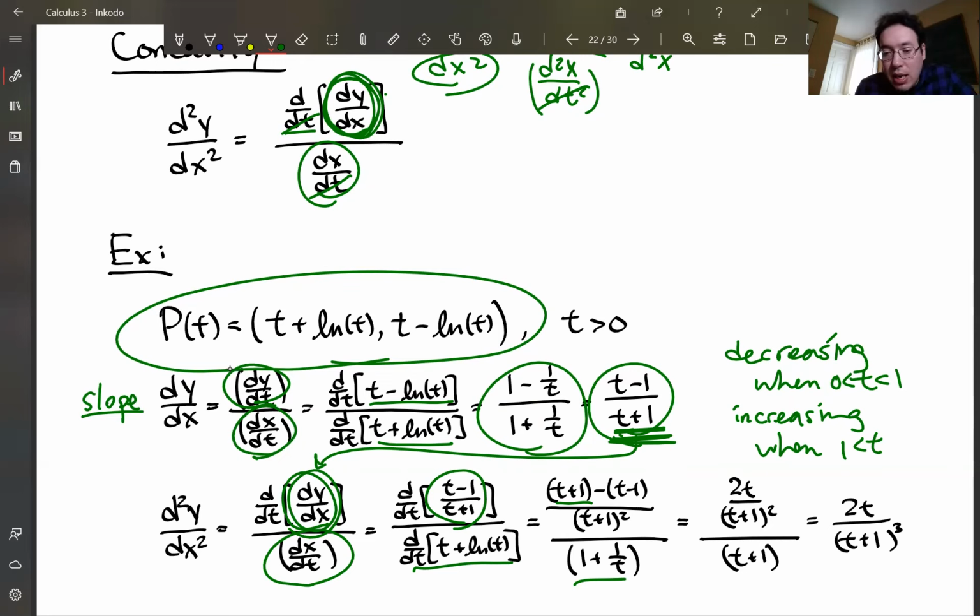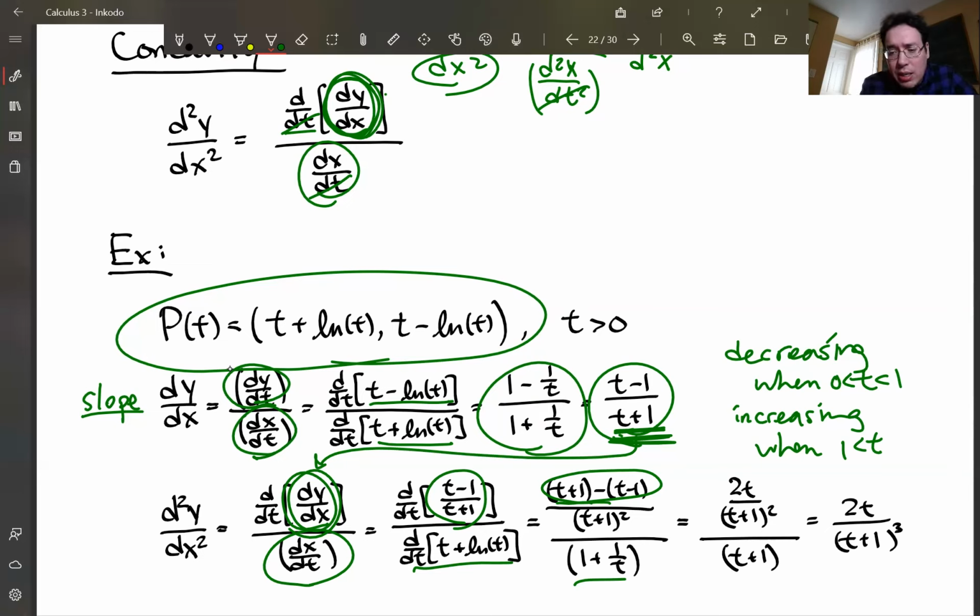And again, we could simplify this. So I think if we simplify the numerator, the t will cancel out and you'll just have a 2.